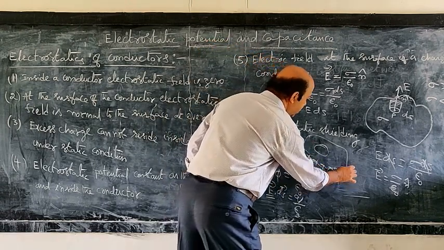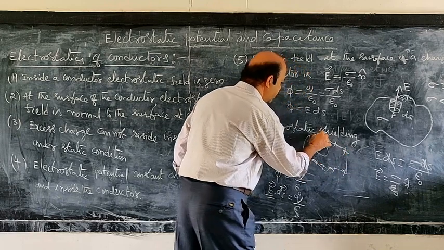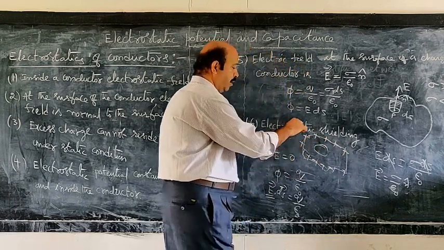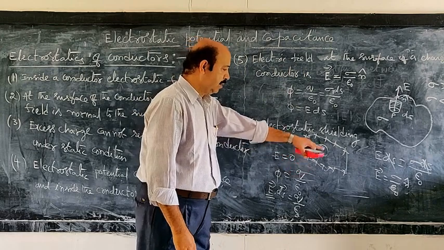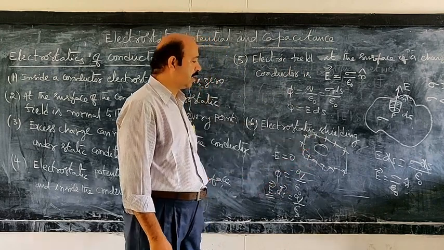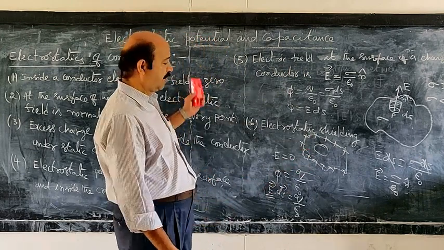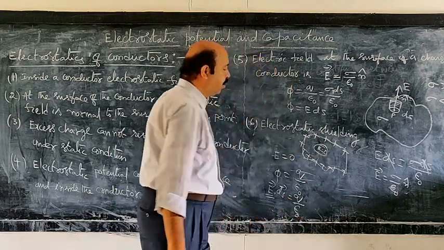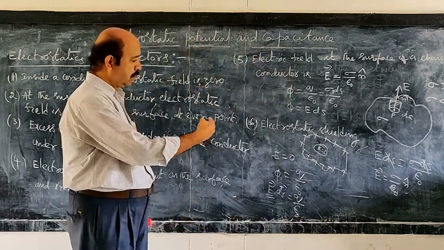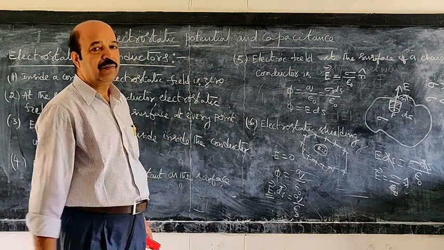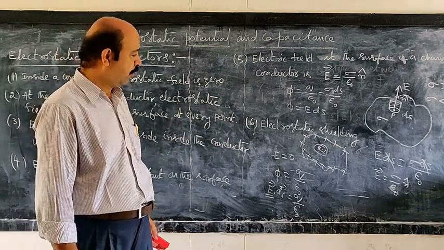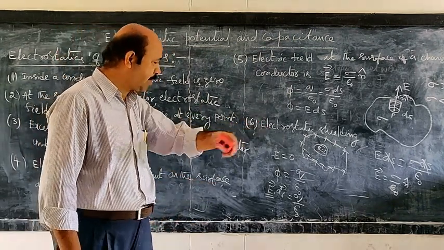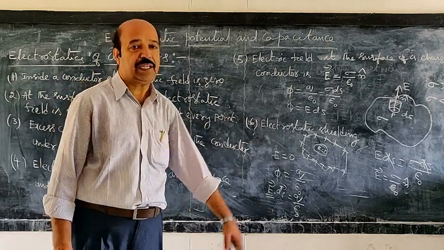We know that the charge resides on the surface and the field at every point inside the conductor is 0, from the first point. Therefore, the field is 0 inside the hole at every point. So inside the cavity, the field must be 0. This concept we call electrostatic shielding.